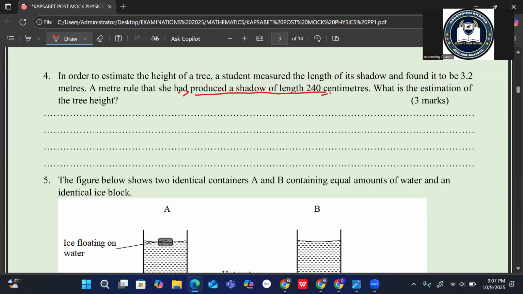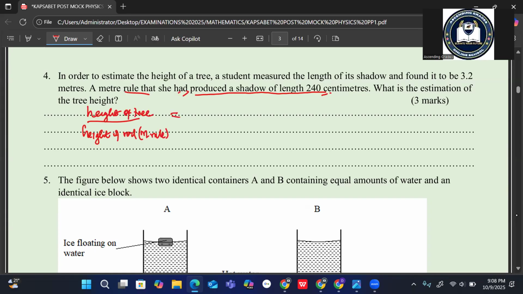So we all know that the estimation of the height of the tree can be given by the height of tree over the height of rod. Now in this case, the rod that is being used here is the meter rule.